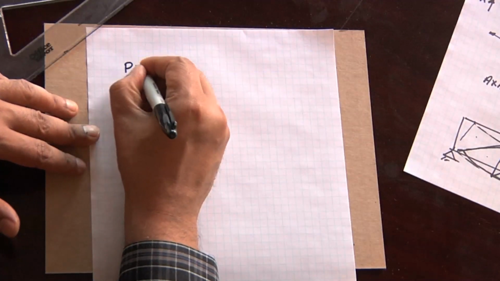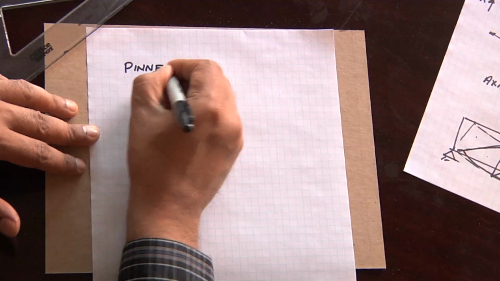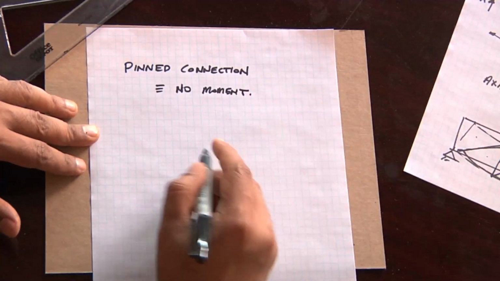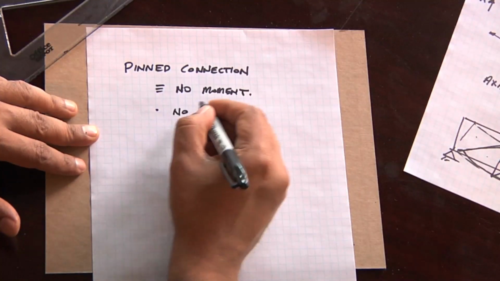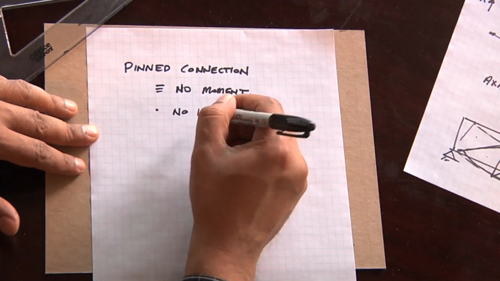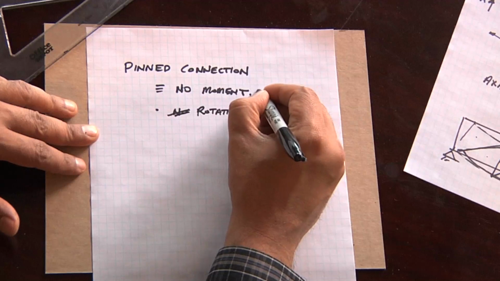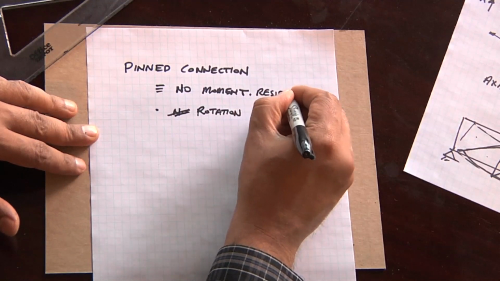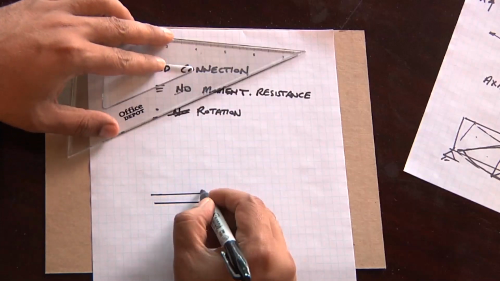So a pinned connection means that there is no moment. It does not mean that there's no rotation. You can have rotation, but you have no moment resistance. So if I have a truss connection, here's what a real truss connection may look like.